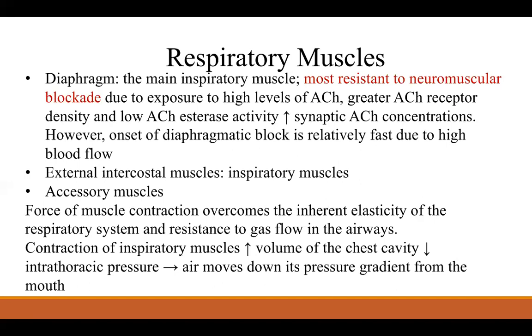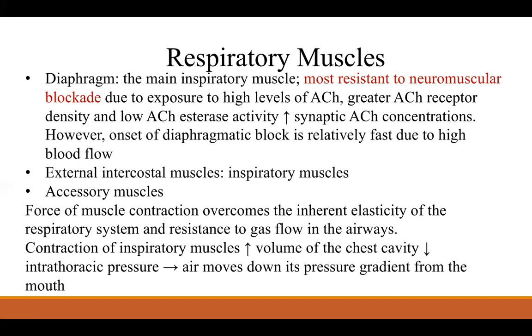So air can move in. By the way, I am assuming that you already know that any gas moves from higher to lower pressure, and anytime the pressure drops, air would move into the lungs.